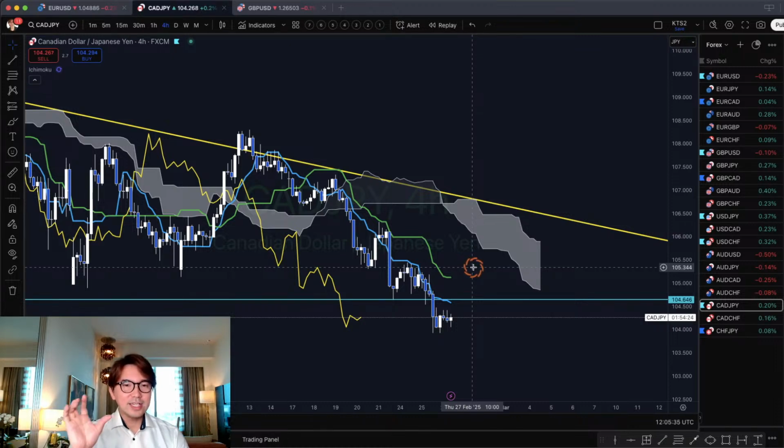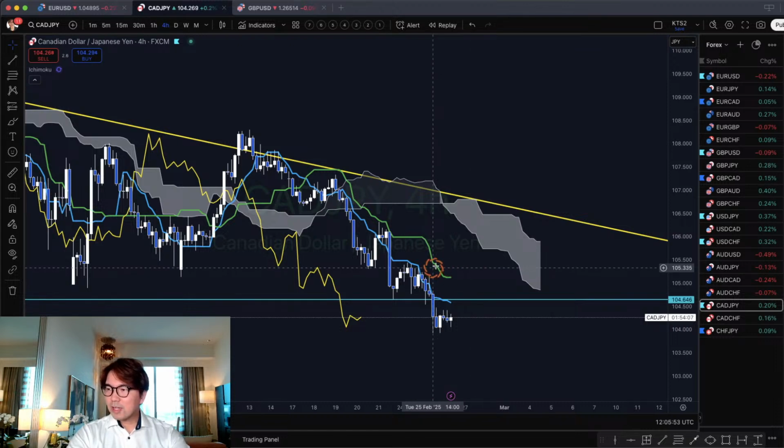If the Kumo is thick and big, then it tends to break. Of course, it's not 100%, but the tendency for a breakout becomes higher if the Kumo shape is thicker and bigger. And that was exactly the case on CADJPY.